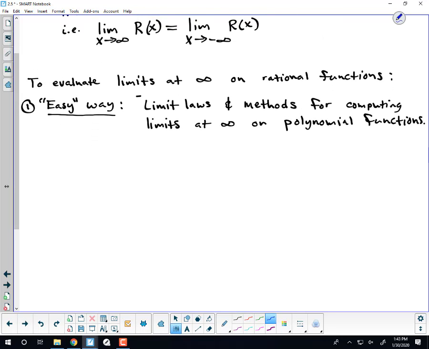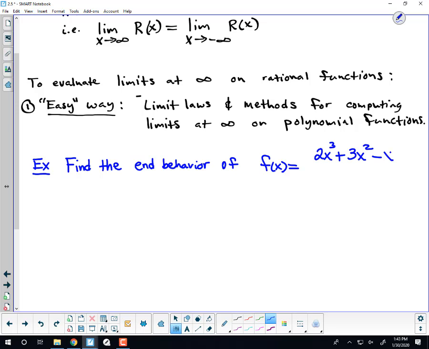So for example, let's just say find the end behavior of this function, f of x equals 2x cubed plus 3x squared minus x minus 1, all over x cubed plus 5x minus 12.